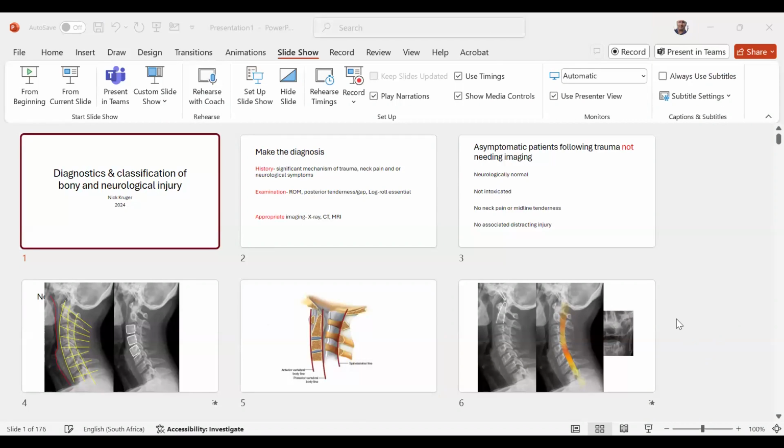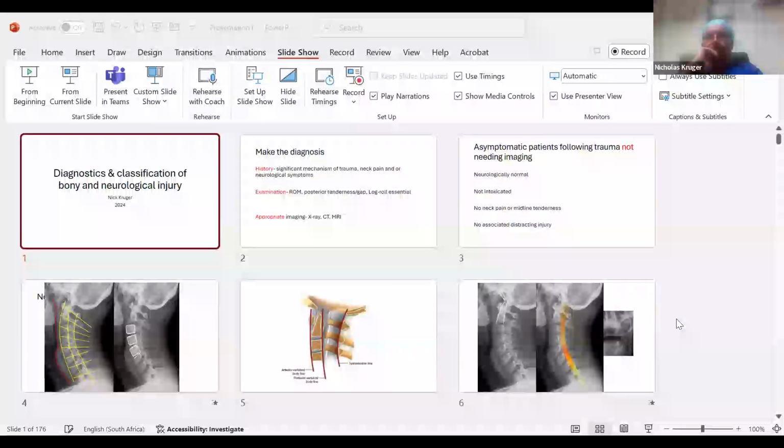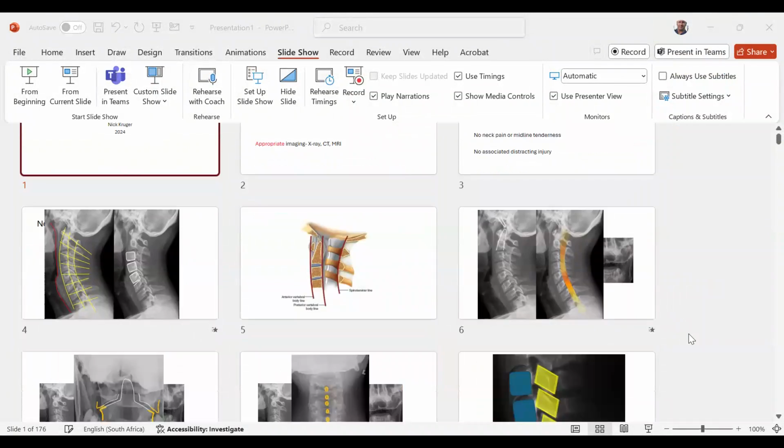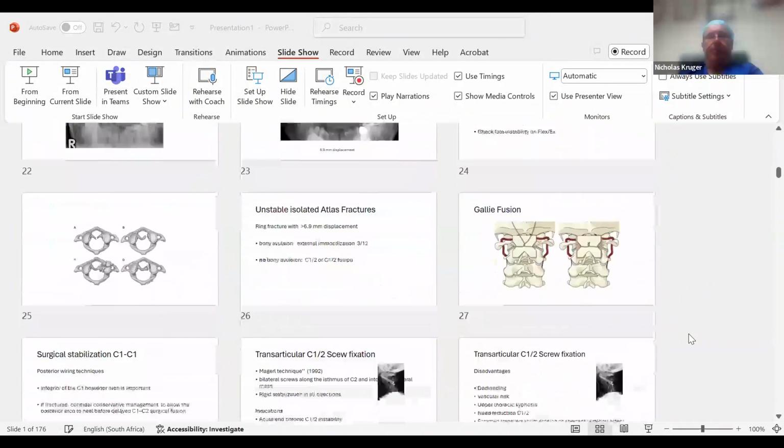Nick, I was just wondering one thing. With some of the TSAs, I see one of the surgical options is a C1 to 3 fixation. When would you think that you need to go from 1 down to 3? For hangman's. What would make you go that far?